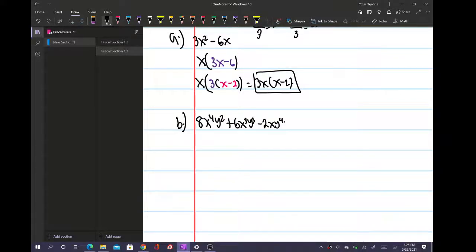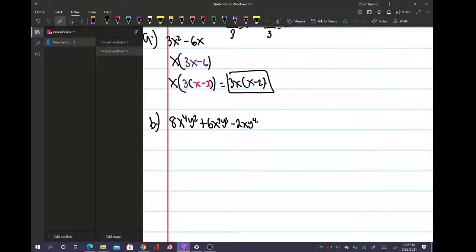So if we look at this, again, you have to ask yourself, what can I factor between the 3 of these? And if it helps, you can do the factor tree for these numbers, if that really does help you.